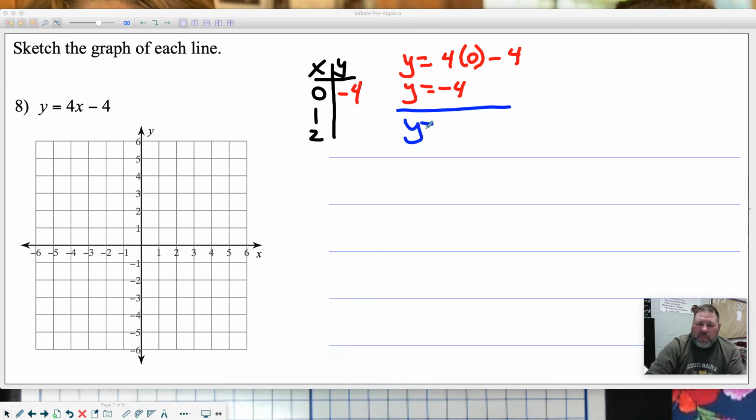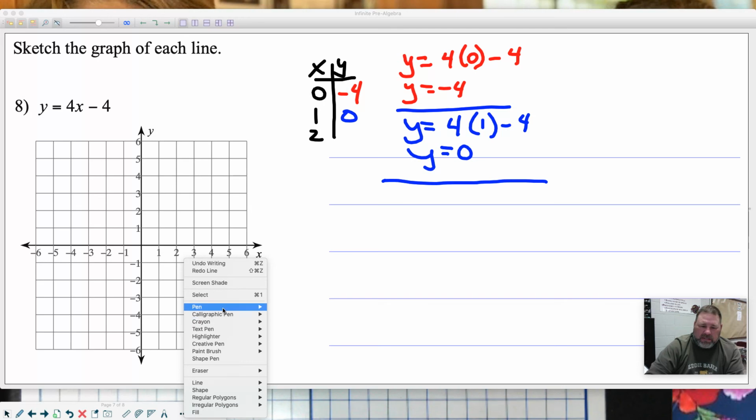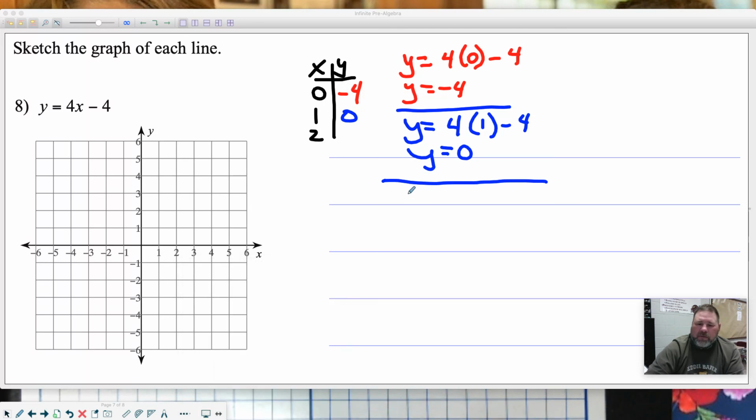All right, and then y equals 4 times, well, x is 1, minus 4. So that's 4 minus 4 or 0, right? And let's try the 2. Y equals 4 times 2 minus 4. So that's y equals 4 times 2 is 8 minus 4, I think, gives me 4, does it not?